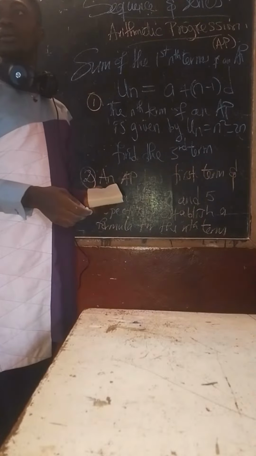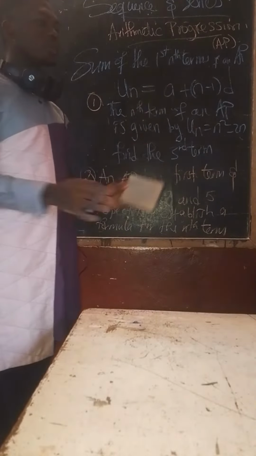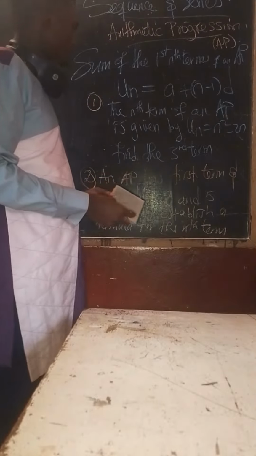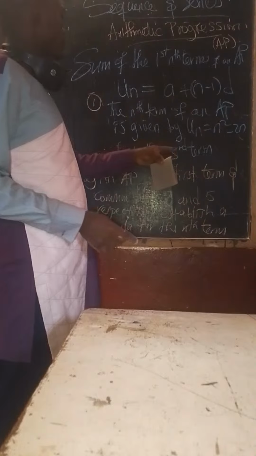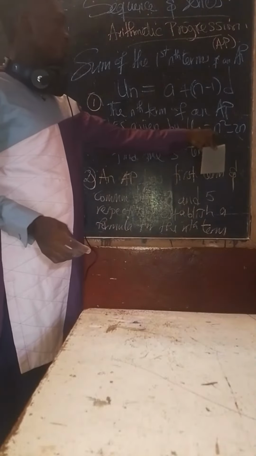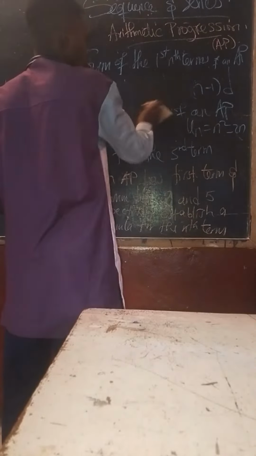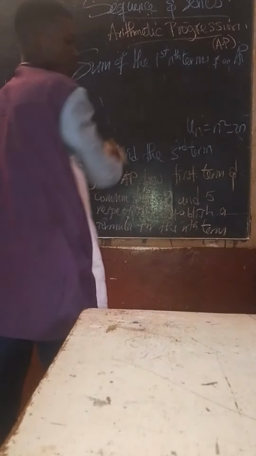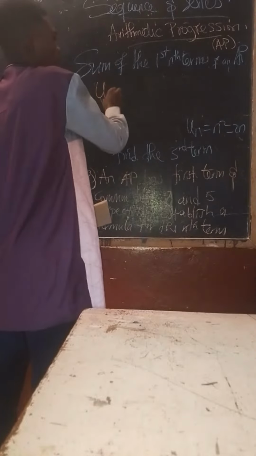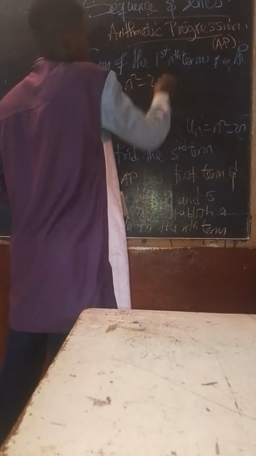Stop whatever you're doing and look up. The end term of an AP is given by Un equals n squared minus 2n. Find the third term. So we have that Un is n squared minus 2n.